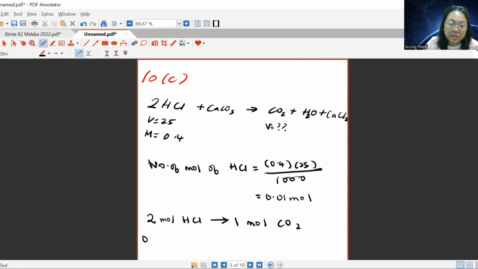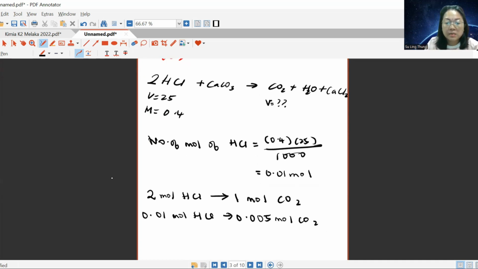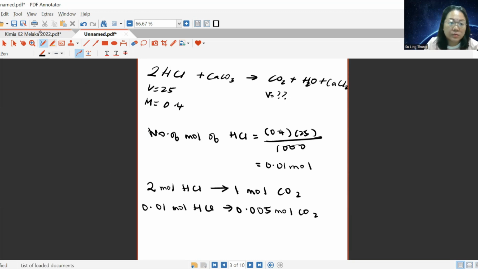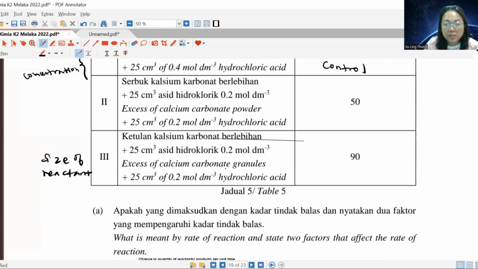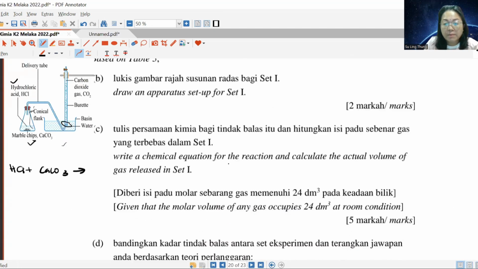Okay, so obviously from the equation we know 2 moles of HCl produces 1 mole of CO2. In other words, 0.01 mole of HCl produces 0.005 mole of CO2. Okay, so the volume of CO2 will be 0.005 multiplied by 24.